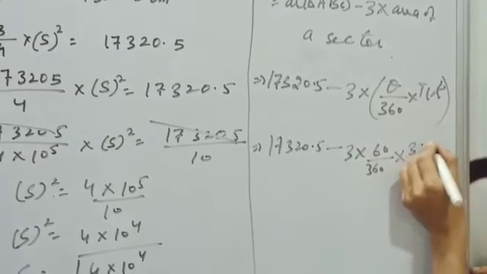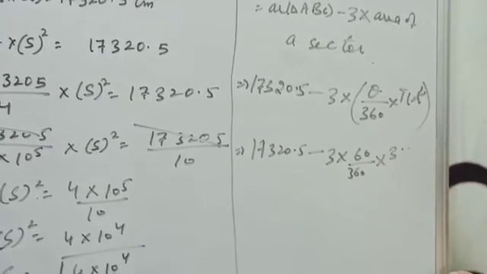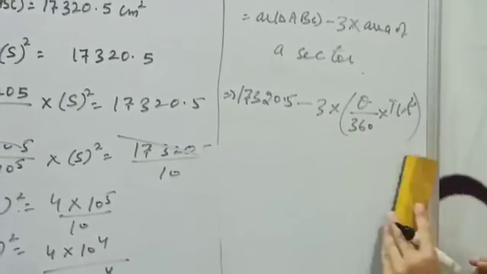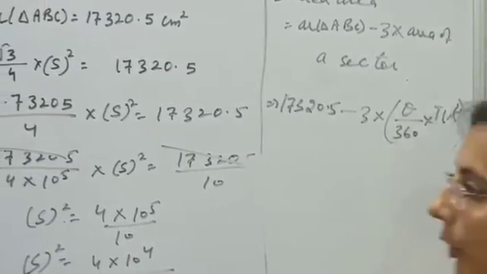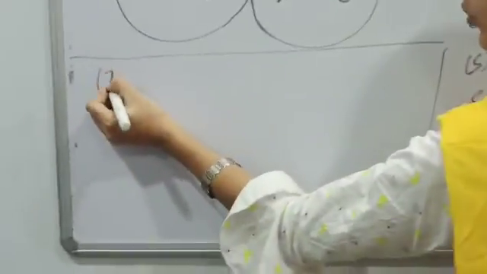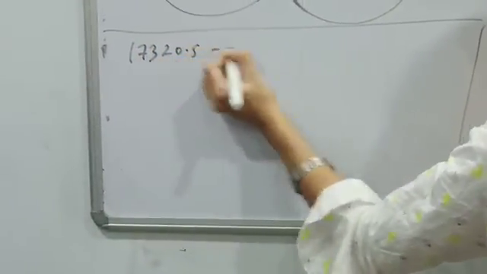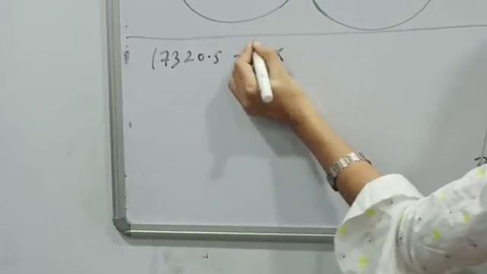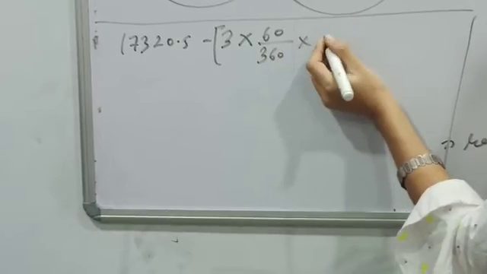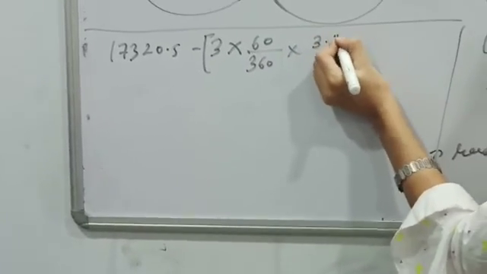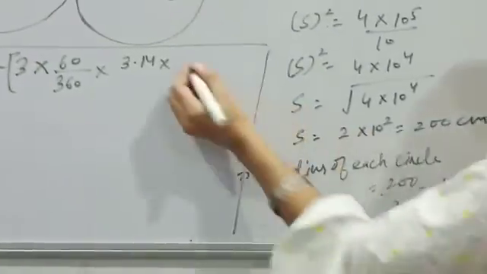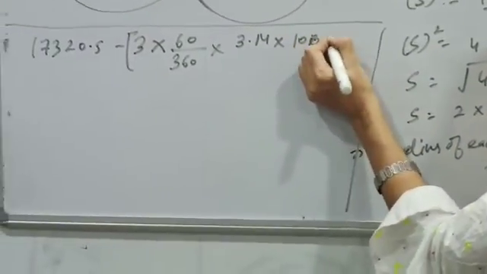Pi value they are saying use 3.14. So again I am doing this one question, we will do the calculation here only. 17,320.5 minus 3 times, here is the theta value 60 upon 360 into pi value 3.14 into radius, already we found out that is 100. So 100 multiplied by 100.